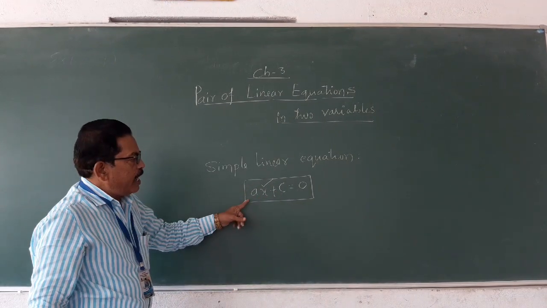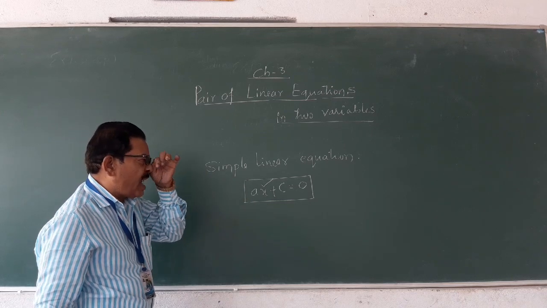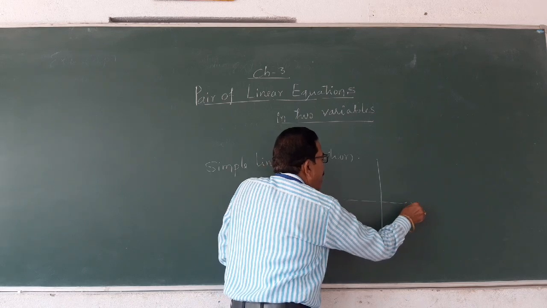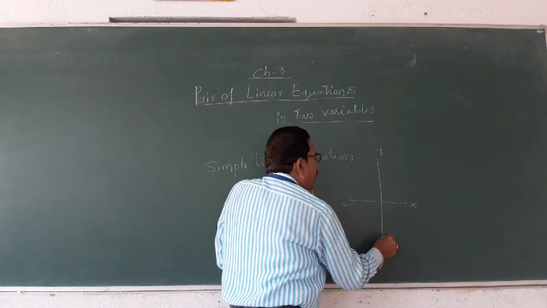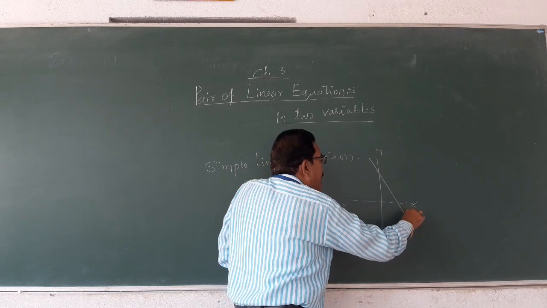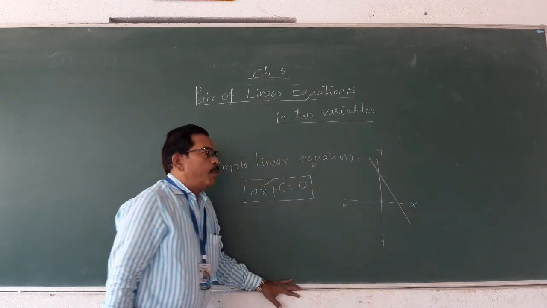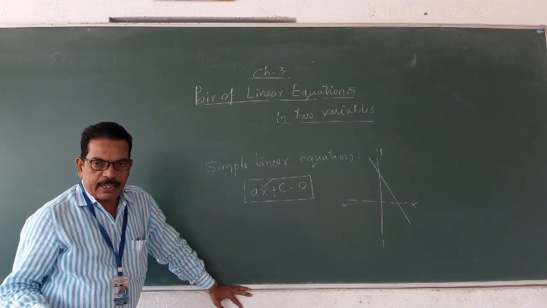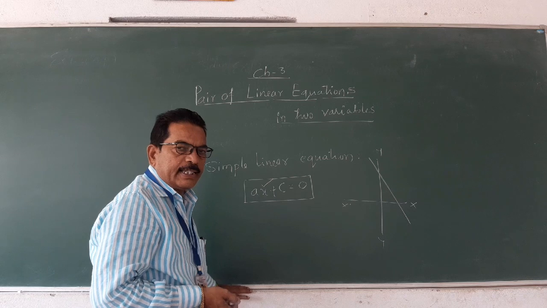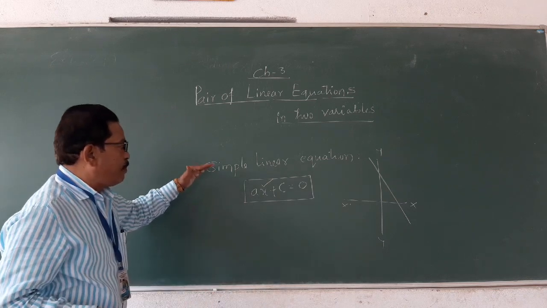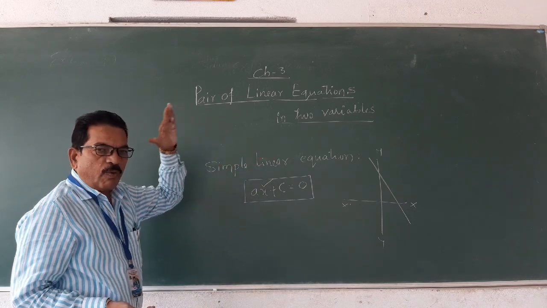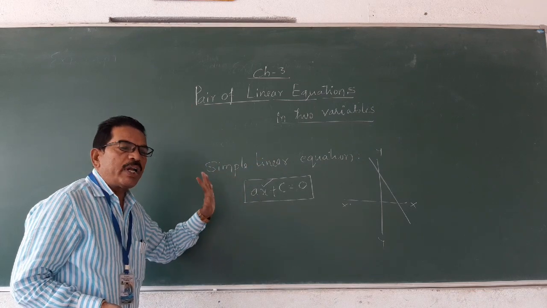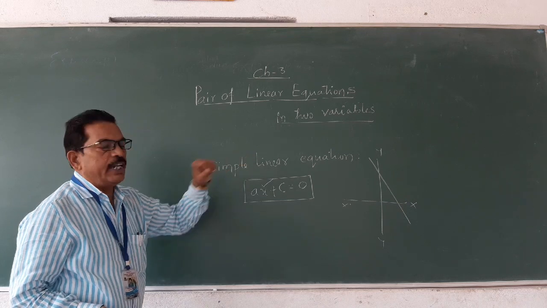If we plot the graph of this simple linear equation, we get a straight line intersecting the x or y axis, or it may be parallel to the y axis or parallel to the x axis. So the simple linear equation is an equation of the first degree having only one variable.